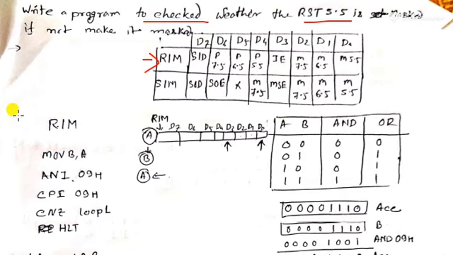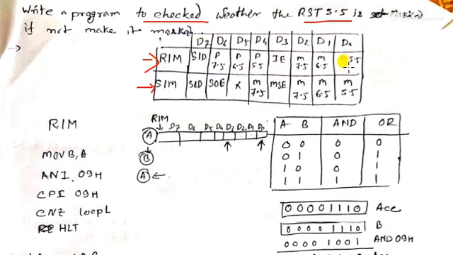Using the RIM instruction, we have to check the RST 5.5, and then check whether it is masked or not masked. If it is not masked, then we have to set it using the SIM instruction. So we have to write this program. First of all, we have to check whether the RST 5.5 is masked or unmasked.